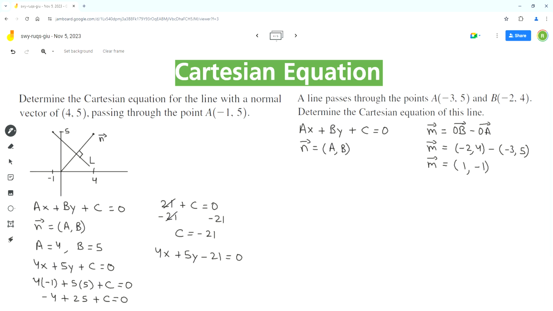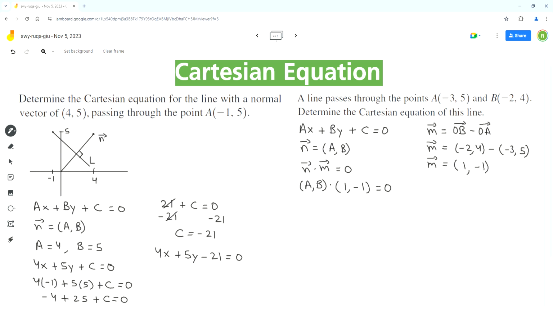Now the normal vector and the direction vector are perpendicular to each other. That means their dot product should be equal to 0. Now we can calculate their dot product.